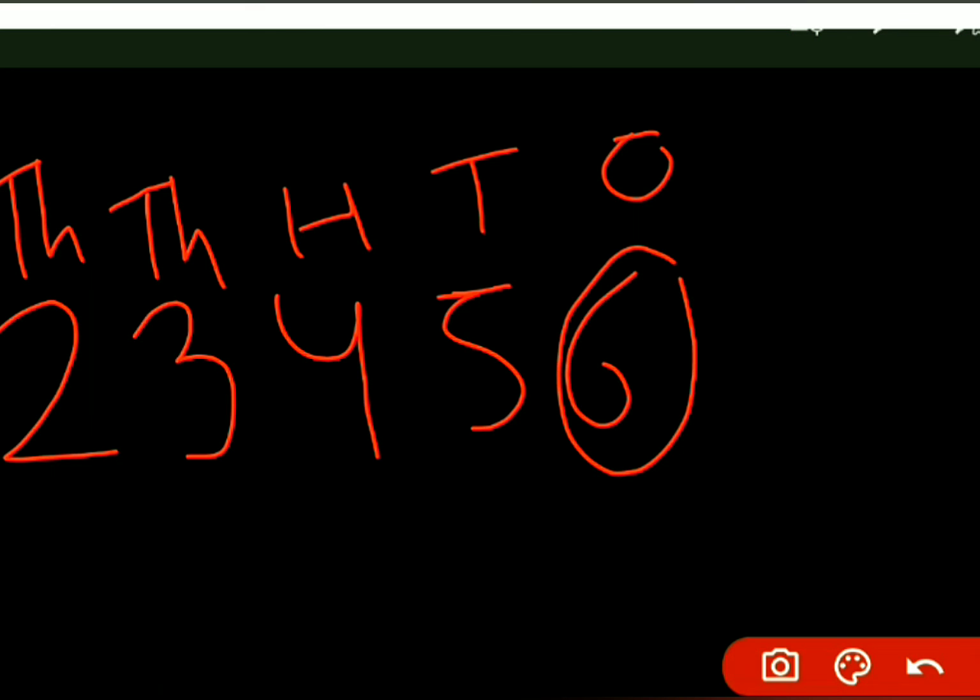And after that multiply the digit with their place values and add these values, and so in this way we can write the number in the expanded form.